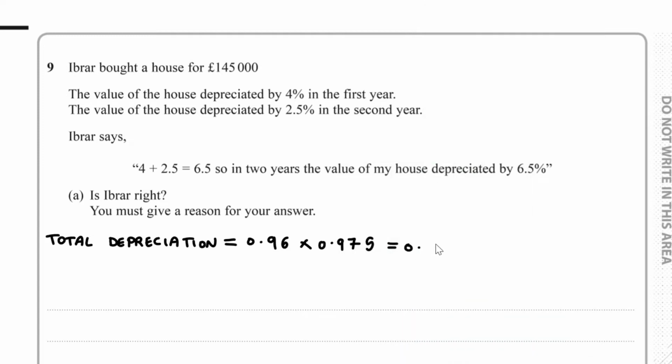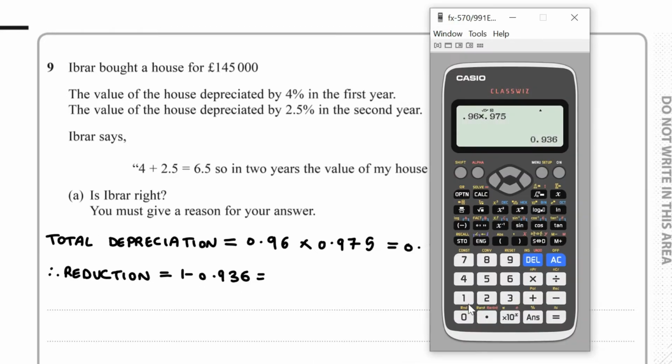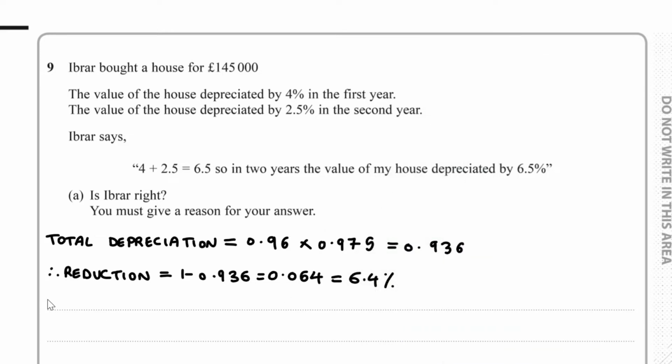And therefore, the reduction is equal to 1 minus 0.936. So 1 minus this is 0.064, which is equal to 6.4%. So therefore, he is wrong.